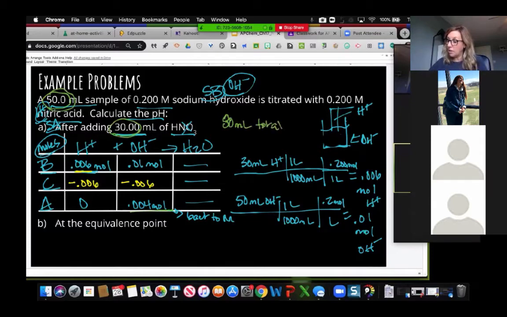When I calculate the molarity, remember molarity is moles over liters. So I have to take the moles that I have left divided by 0.08 liters of solution. So I'm going to take 0.004 divided by 0.08, and that gives me 0.05 molar OH minus.